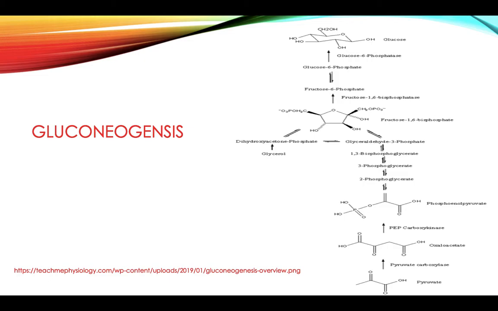From here, PEP can go back up the pathway until fructose 1,6-bisphosphate comes in to help. Now, fructose 1,6-bisphosphate can come in and trigger the opposite reaction by cutting off a phosphate. Then a phosphate is going to release from this, and you can work your way up the pathway a bit more.